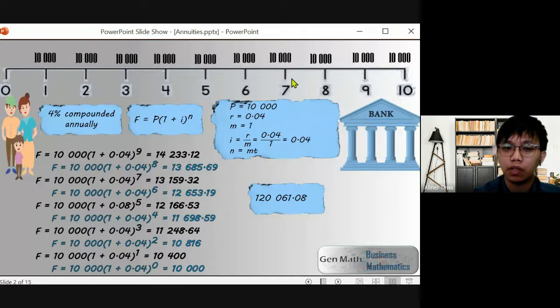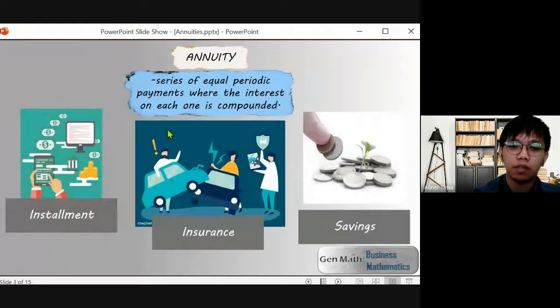So that is annuities. We can have many applications of annuities, of course, in installment payments. Marami tayong installment payment na alam, di ba? For example, home credit. That is an example of annuity. But not all types of installment fall under annuity, because for a situation to fall under annuity, it should apply compound interest.